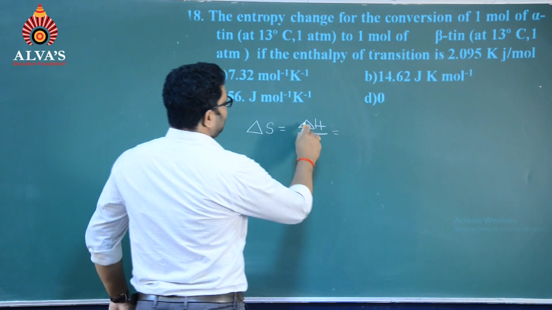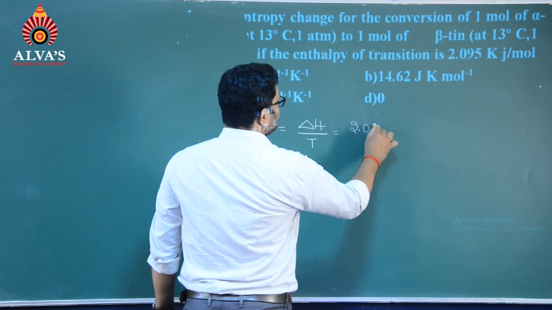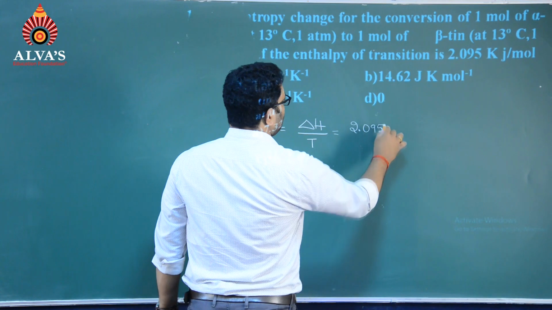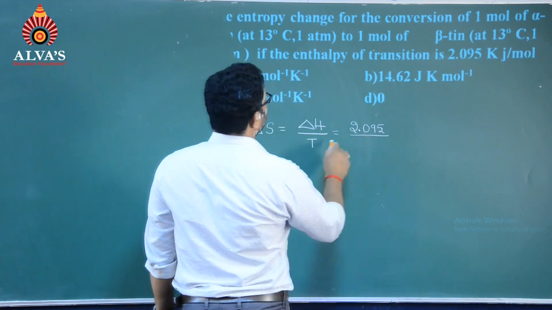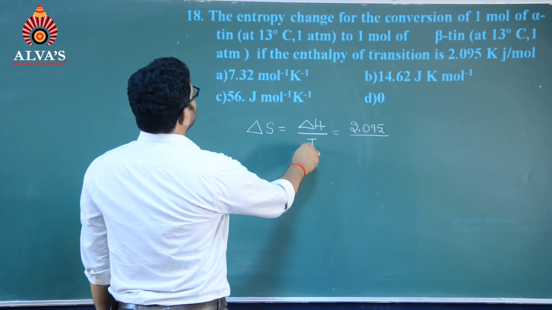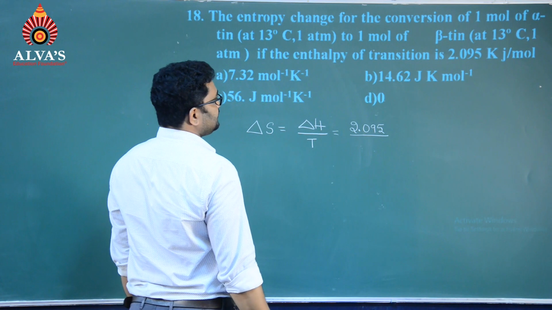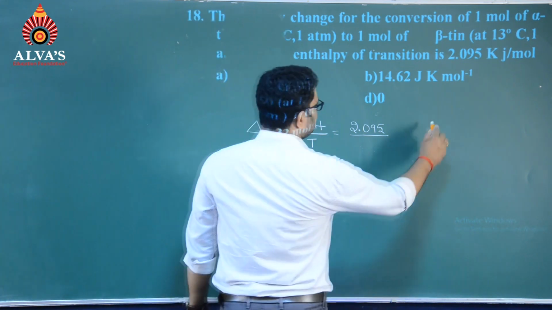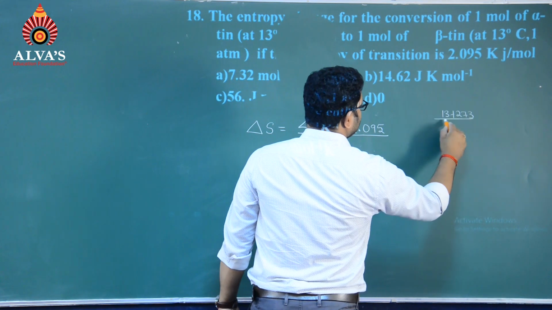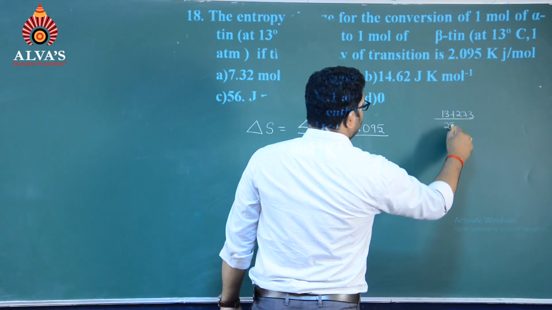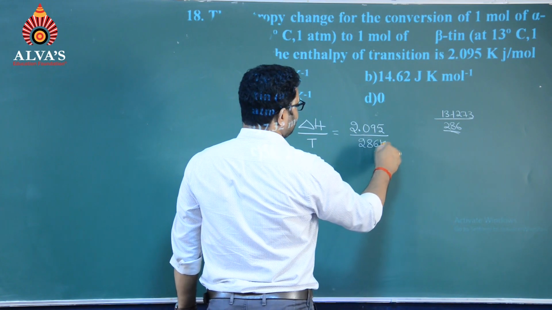The enthalpy of phase transition is 2.095 kilojoule per mole, and temperature is given, that is 13 degree Celsius. Convert 13 degree Celsius into Kelvin, that is 13 plus 273, that is 286 Kelvin.